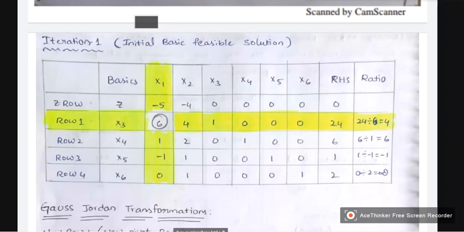Z is not a variable, it is the objective function. They have the values 24, 6, 1 and 2. Non-basic variables are x1 and x2, and their values are x1 equal to 0, x2 equal to 0.